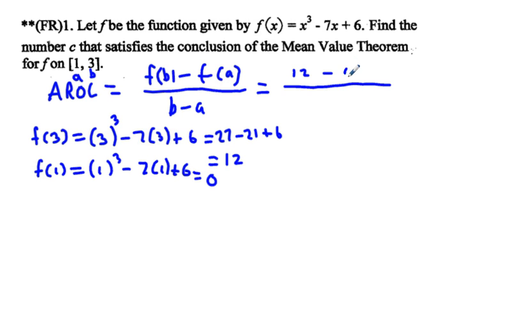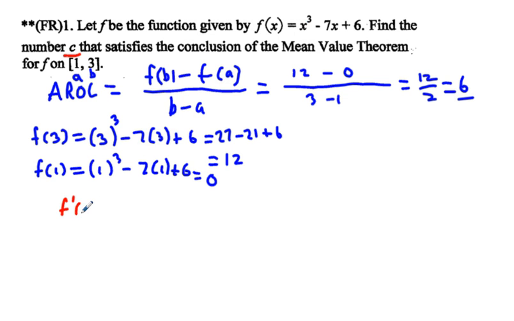So we have 12 minus 0 over b minus a, where b is 3 and a is 1. So we have 12 over 2, which equals 6. This is going to be our slope, this is our AROC. And so what we're going to do is find that value c that satisfies this mean value theorem.